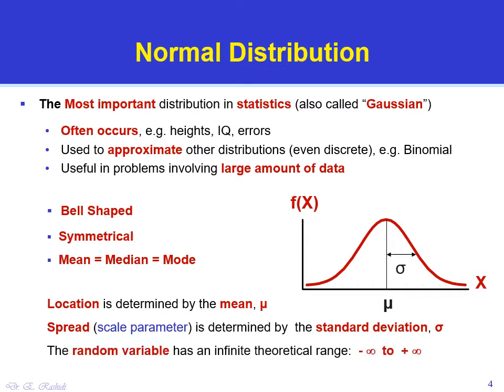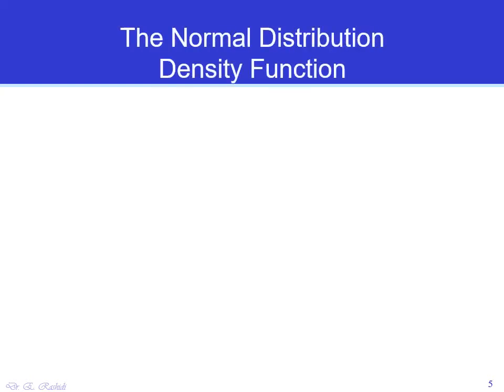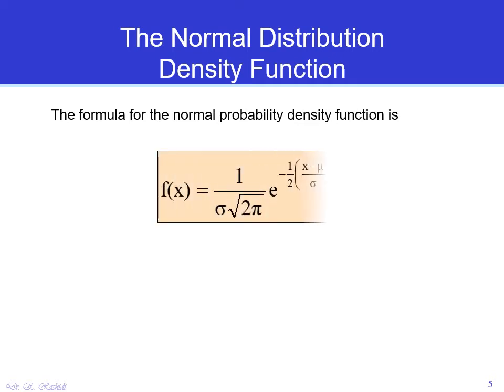If you have a random variable x that follows a normal distribution, we write it like this: x follows a normal distribution with average mu and standard deviation sigma. We write these two parameters in the parentheses. Let's now take a look at the normal distribution density function, f of x. The formula for the normal probability density function is here.